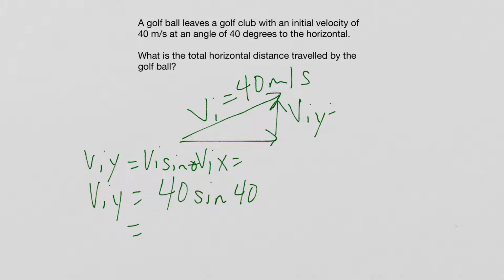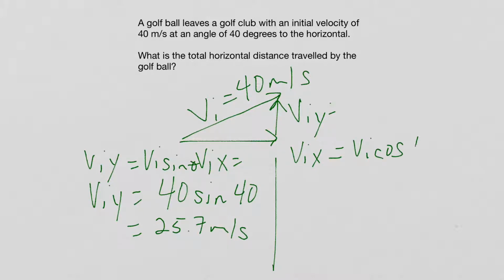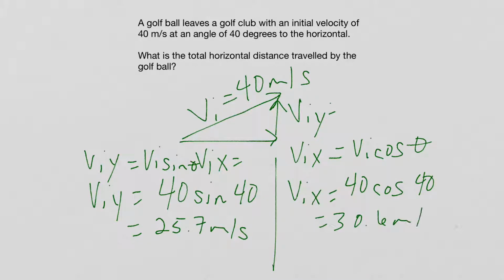And that just gives us 25.7 meters per second. The Vix is going to be Vi cosine theta. So we can just go ahead and say 40 cosine 40. And that gives us 30.6 meters per second.